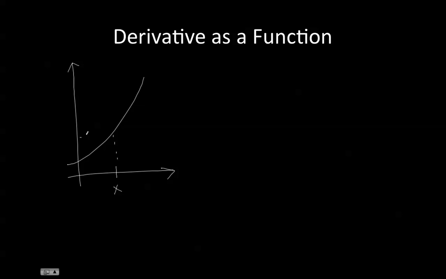So our f of x value is over here, and we're going to represent our change in x as delta x. So this point over here represents x plus delta x. And then over here we have f of x plus delta x.